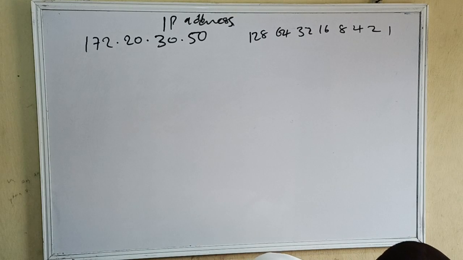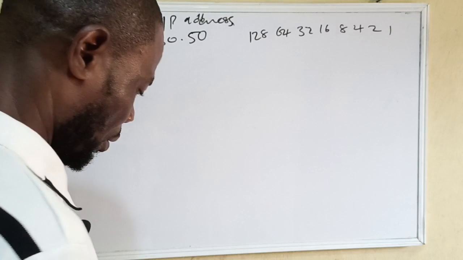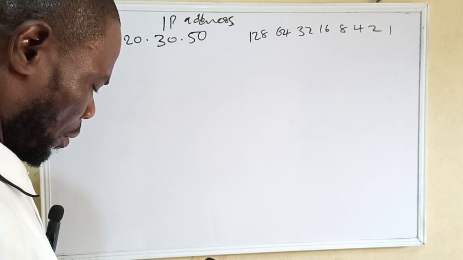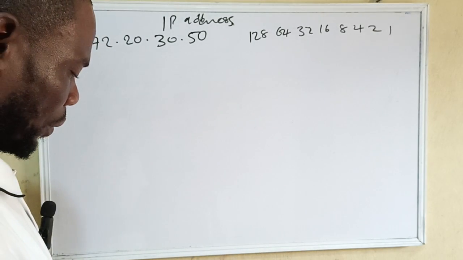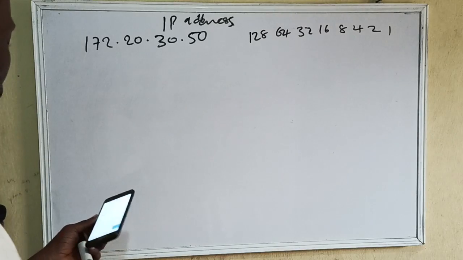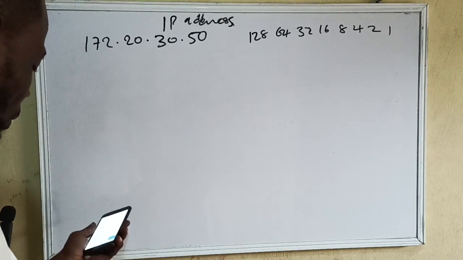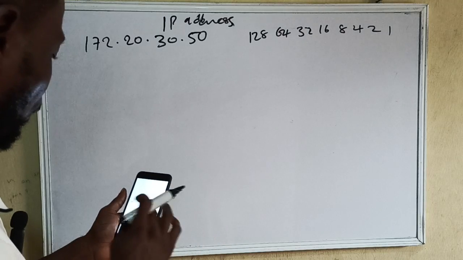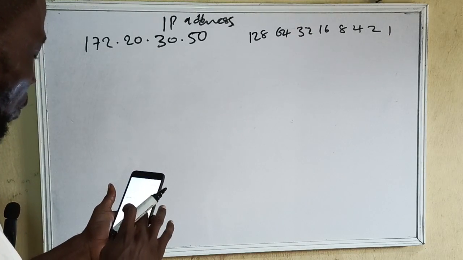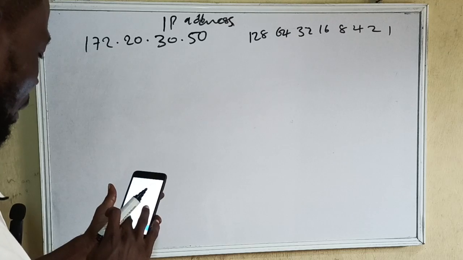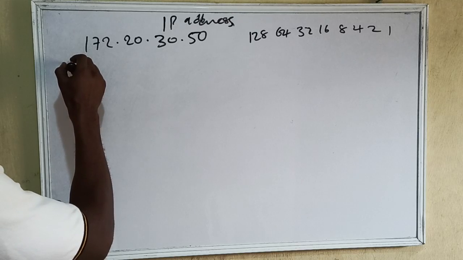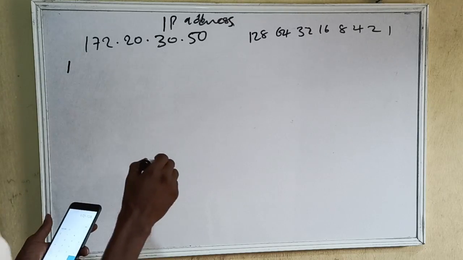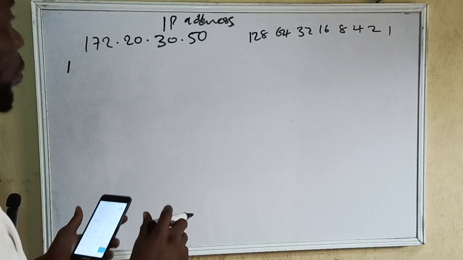Sorry, let me use my calculator. 172 minus 128. You can minus it, which means you put 1, with remainder 44.